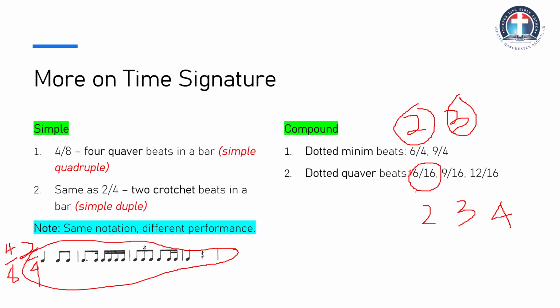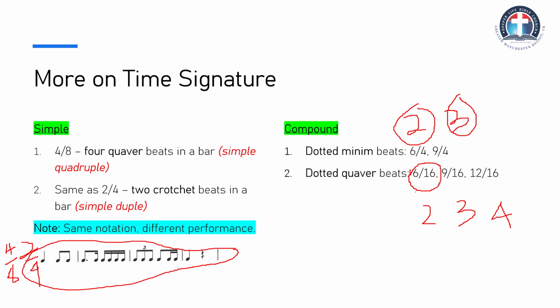It is the same principle of understanding with these dotted beats. Each of those dotted quavers can be divided into three smaller notes of semiquavers.